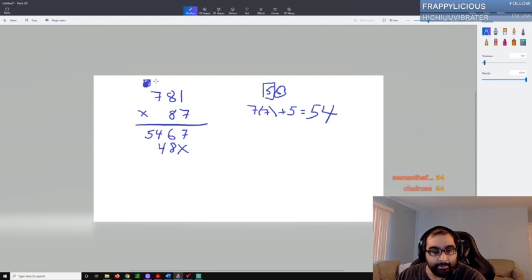And then up here, for the next part, we're going to put a 6. Okay. So on our little side scratch work, we're going to take this 8 here and multiply it by 7. That's this 7 right here.